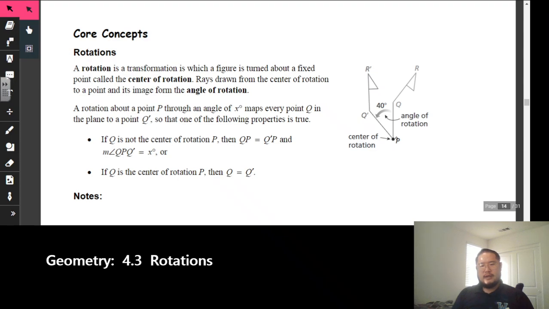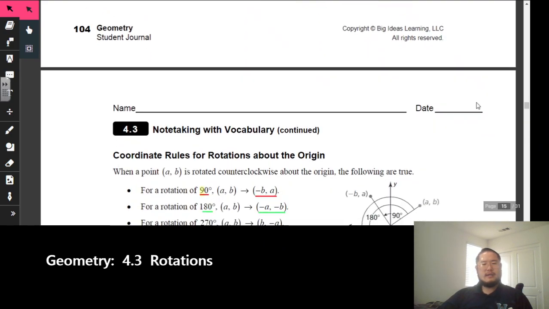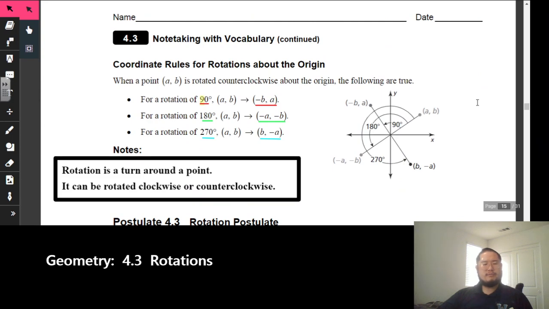So you can see right here, when we took Q and moved it over to Q prime, this would be the angle of rotation of moving this whole thing 40 degrees. And then we make sure we use Q, Q prime, P, P prime to notate the original, the pre-image and image.